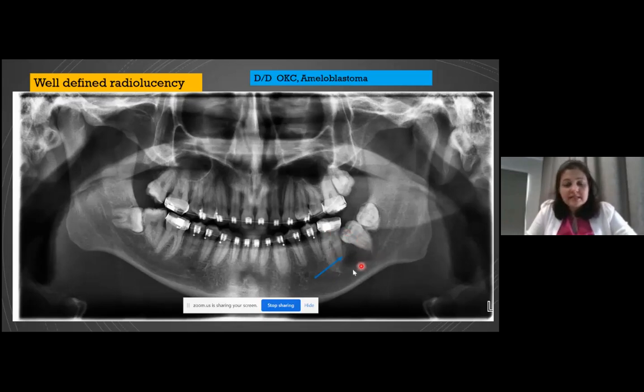Had we missed it, this lesion would have really grown in size, and the patient would only develop symptoms much later. And by then you would have to resect a large portion of the mandible. So the idea is to catch the lesion early. And the best part is this patient is wearing braces.